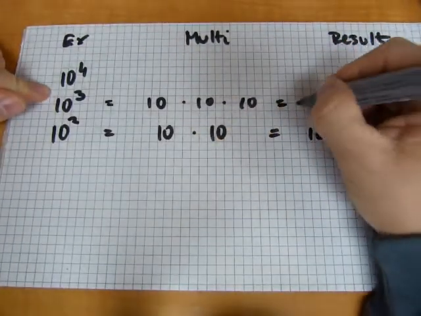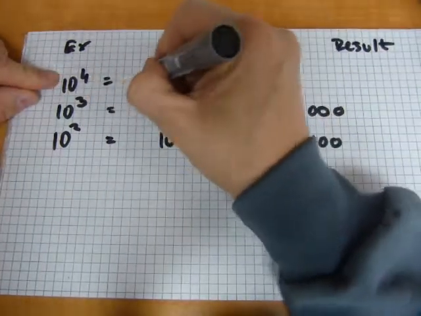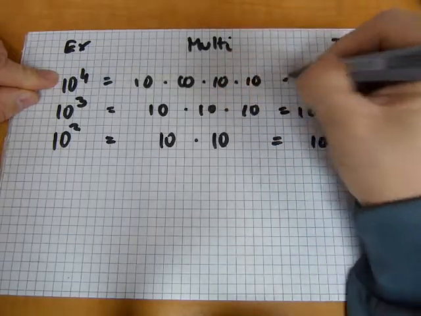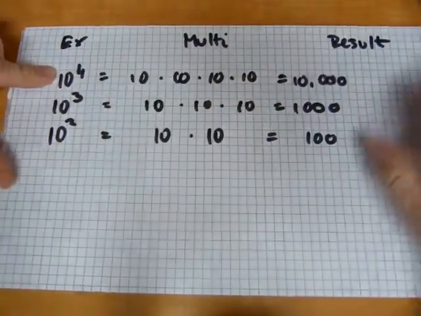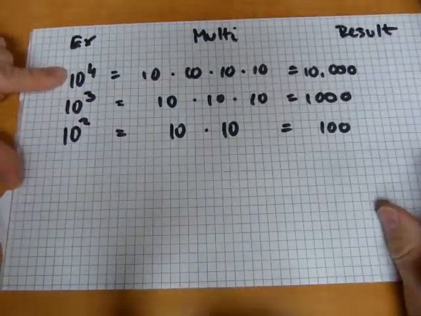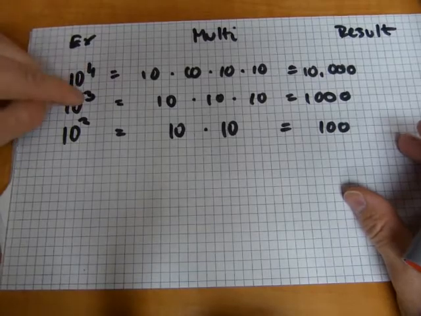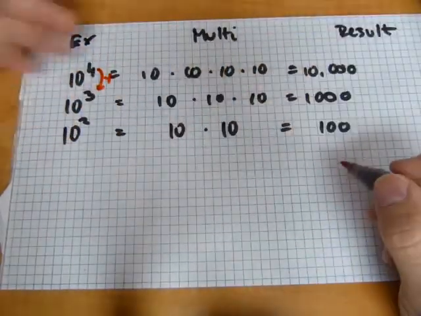Of course the answer is 1000, and 10 to the power of 4 will be 10 by 10 by 10 by 10, which is 10,000. The same patterns work as previously. Look at the exponent numbers 4, 3, 2, subtracting 1 each time as we're going down.